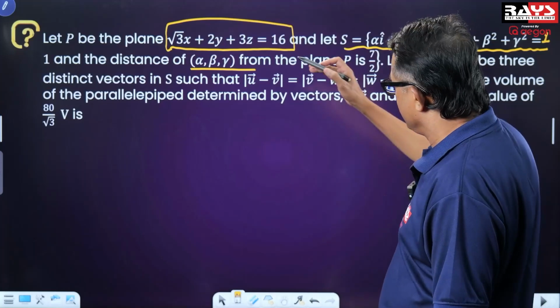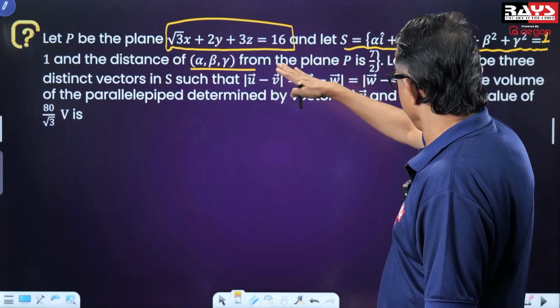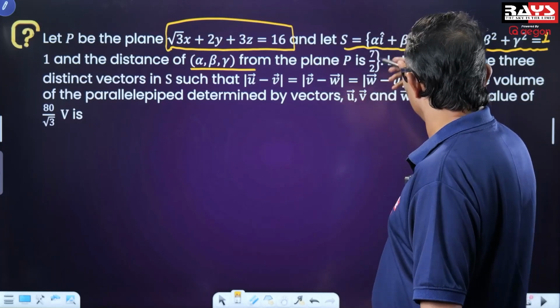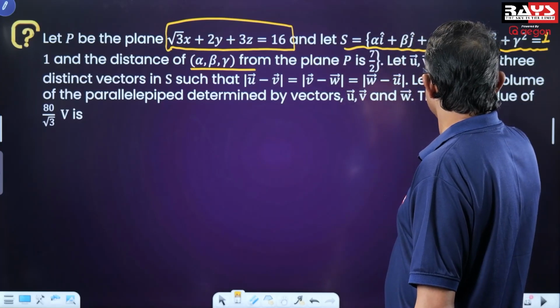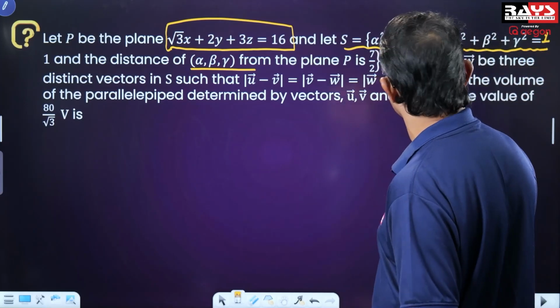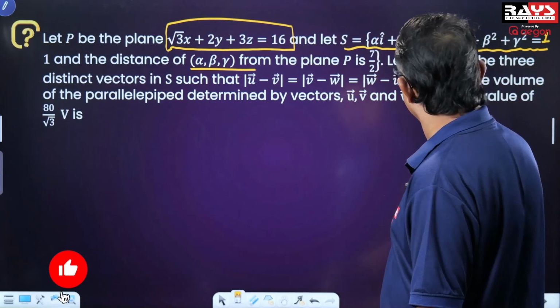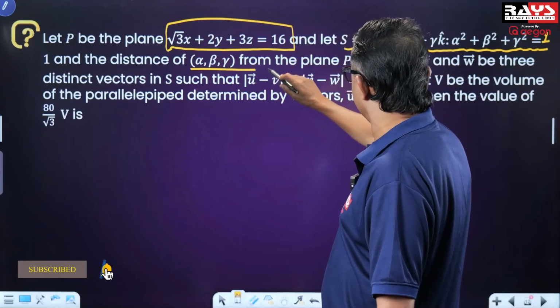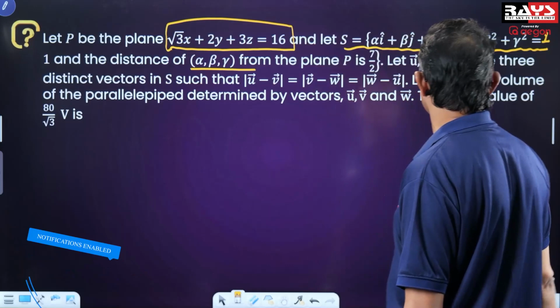That is, there is a plane given and there is a set of alpha, beta, gamma such that alpha square plus beta square plus gamma square is equal to 1, and the distance of this point from the plane is 7 by 2.